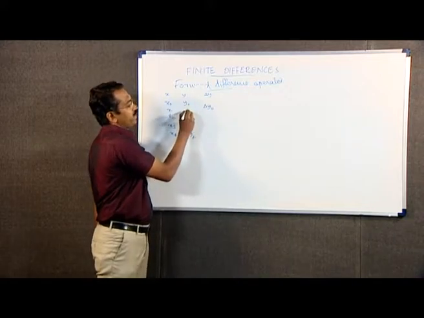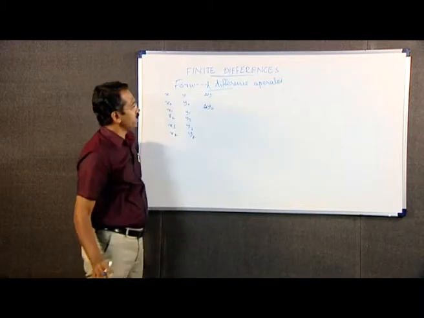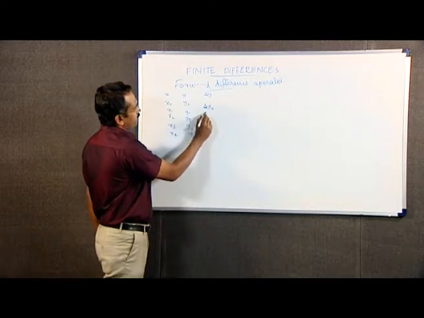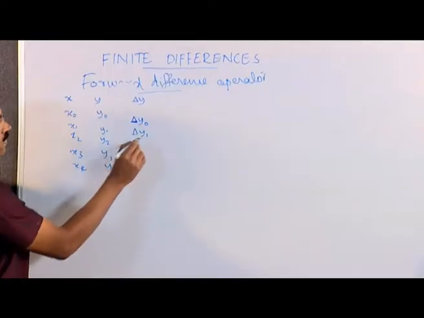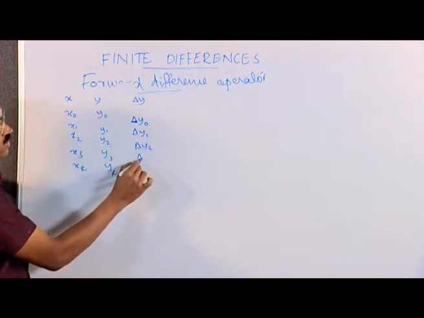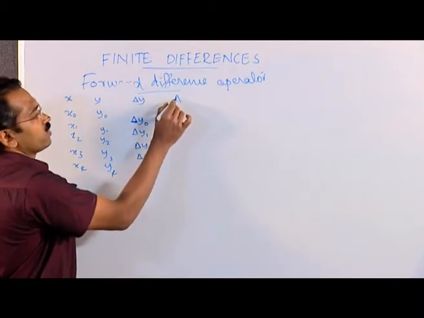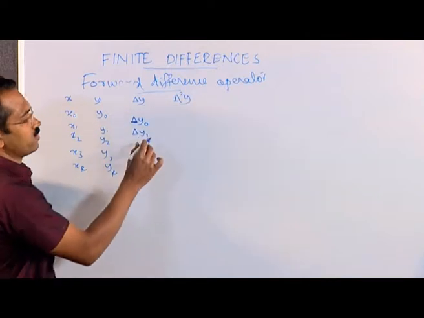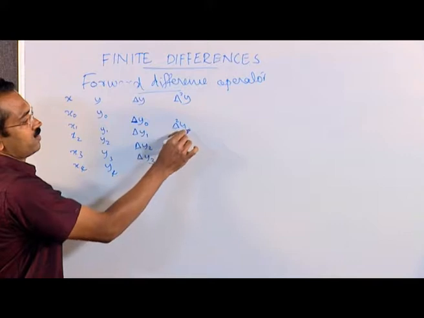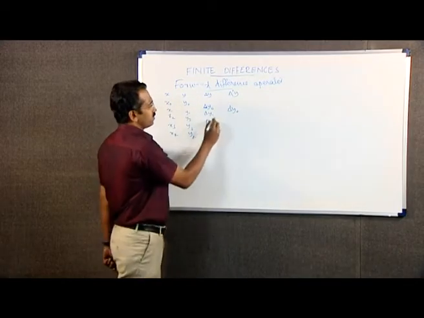In between y1 and y0, we write delta y0. Here delta y1 in between y2 and y1. Here delta y2, this is delta y3. Now, the second differences. Next column is second differences, that is delta square y0. In between these two, we mark delta square y0.